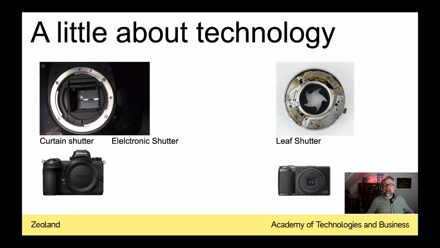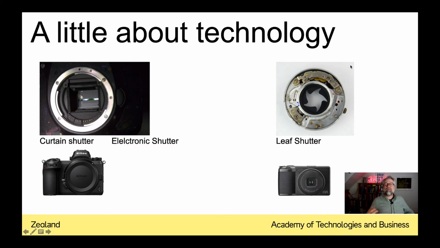Well, a bit more about technology. When we talk about shutters, we should also know about the technology behind the shutters. In the good old days when the first Leicas were created, they were all with leaf shutters.